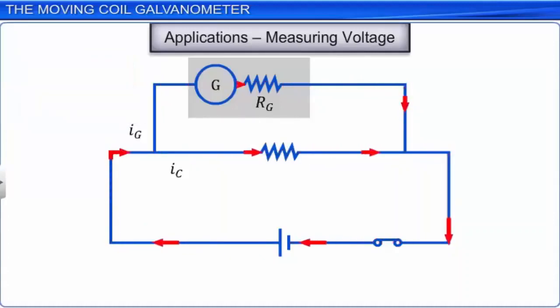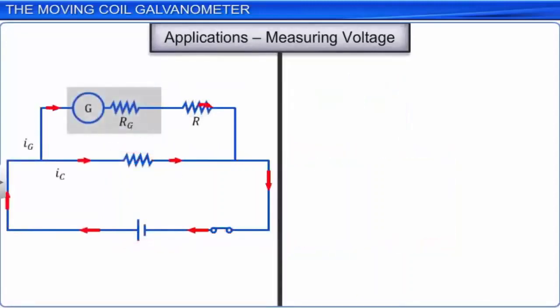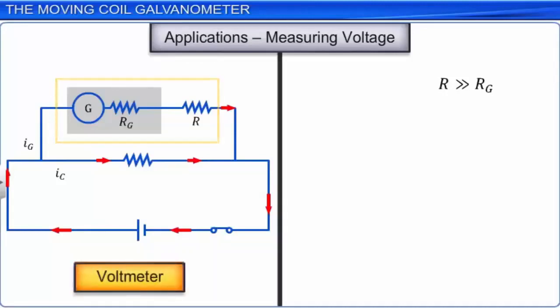To reduce the alteration in current due to the galvanometer, a large resistance is connected in series to the galvanometer. Let the large resistance be R. R being very much greater than Rg, the current passing through the galvanometer is minimized to less than 1%. Thus, the galvanometer can be converted into a voltmeter by connecting a large resistance in series with the galvanometer.